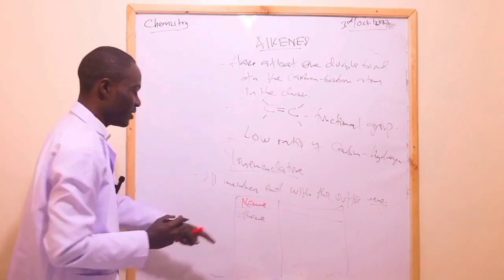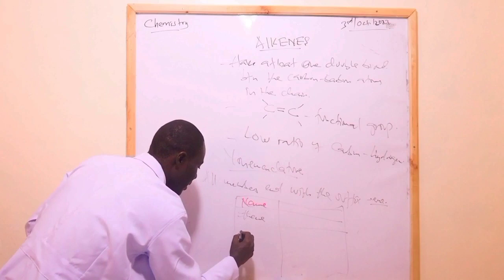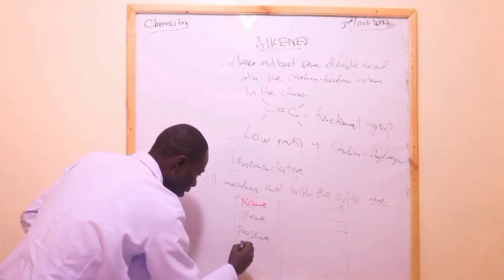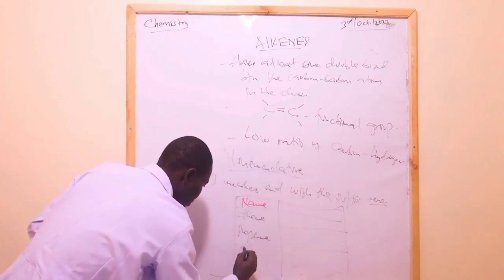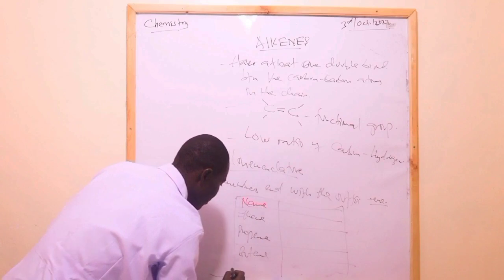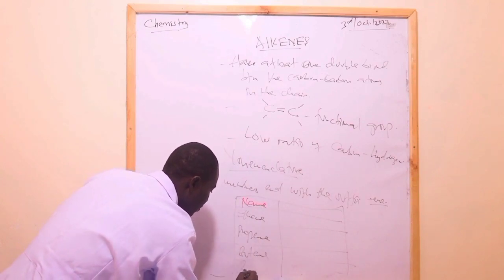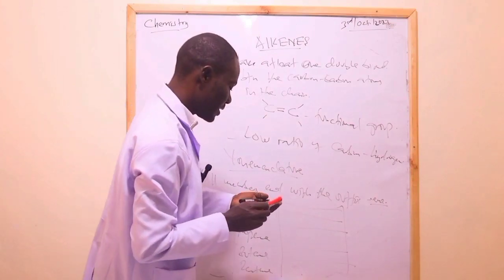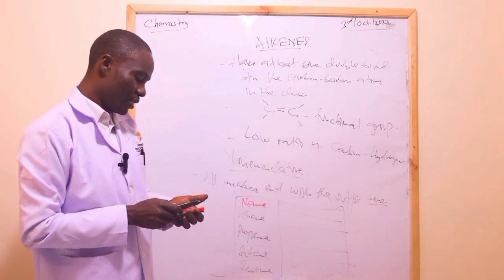The first member is ethene. Second member, propene. Third member, butene. Fourth member, pentene in this case.